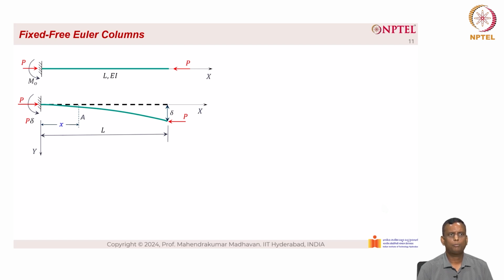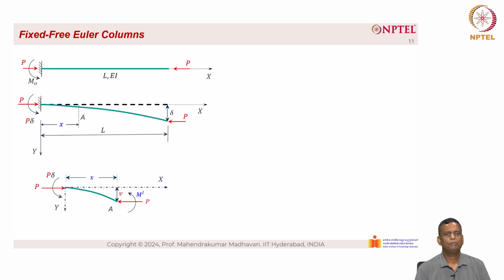So we are looking at point A, which is at a distance x from the left-hand side. When we look at the free body diagram, we have an axial load that is acting. We have P into delta, that is the moment acting at the fixed end. And then we have a lateral displacement v at point A at a distance x from the left-hand side of the column. We have an internal resisting moment, Mi.